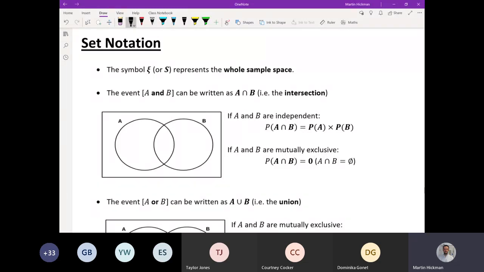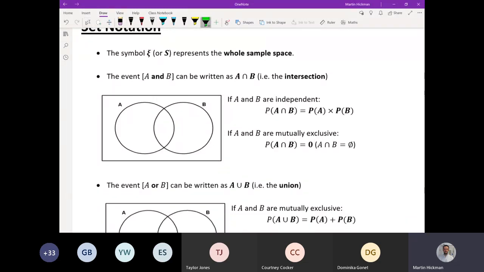So we looked at last week, if we have the probability of A and B, that this just reflects this part in the middle. So if I want to look at the probability of A and B happening, it's just this bit in the center here between these two circles. That's where A and B are both happening at the same time.